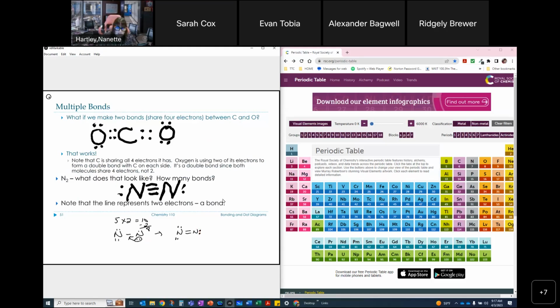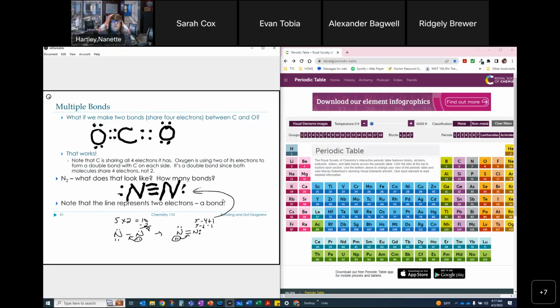Again, this is not necessarily the best structure, because if I look at the formal charge on this nitrogen, it should have 5, but it only has 1, 2, 3, 4 assigned to it, so that's a +1. And if I look at this one, it should have 5 but has 6 associated with it, 2, 4, 6, so that's a -1. Again, not happy. So I can make another double bond, which is how I get to that structure right there, and that's a triple bond.